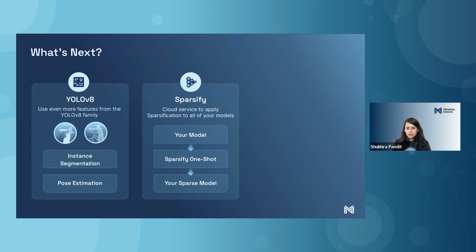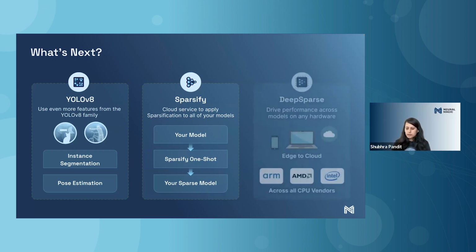All of this is available on the cloud, so it makes it very easy to use. We are also expanding the footprint of our DeepSparse engine by enabling it on more architectures, like Apple Silicon and ARM, and you can deploy these anywhere from your smaller devices to laptops to cloud.